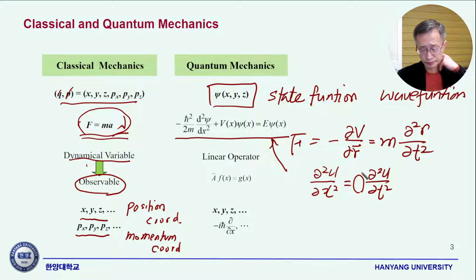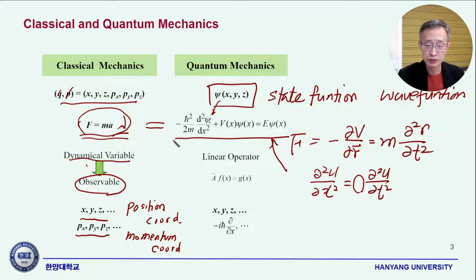Anyhow, this is the equivalent in quantum mechanics of the classical Newton's equations of motion. So psi is the wave function. This is the differential equation for the wave function, which we call the Schrödinger equation.